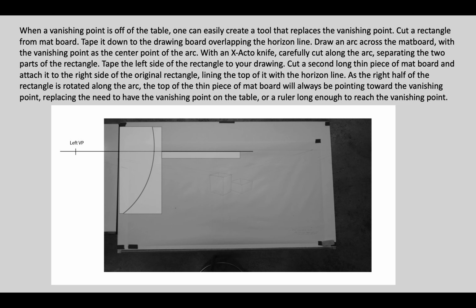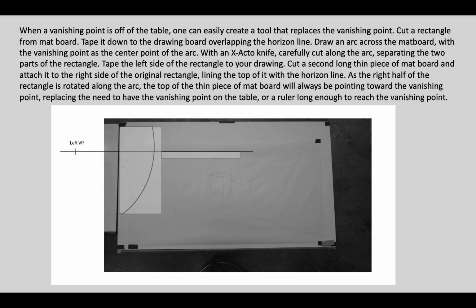Then take it off of your good paper, off your drawing table, put it on a surface you can cut on, and with an X-Acto knife very carefully cut along that arc. Cut that rectangle into two pieces. After you've cut it into two pieces, you can go back and tape down the larger one, the left one, so it can't move, tape it to your drawing.